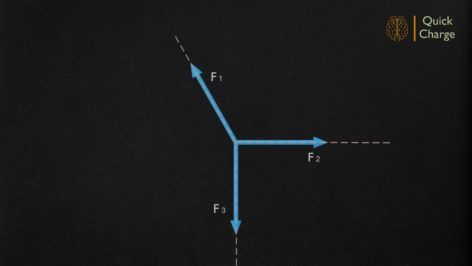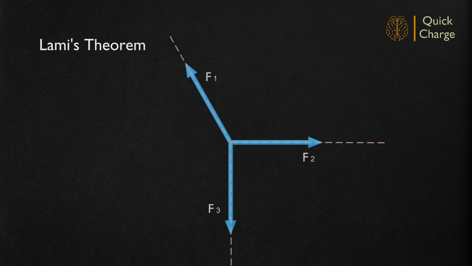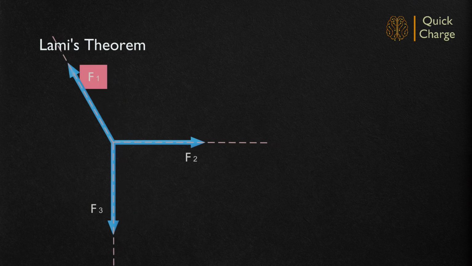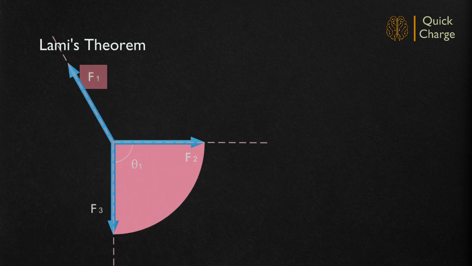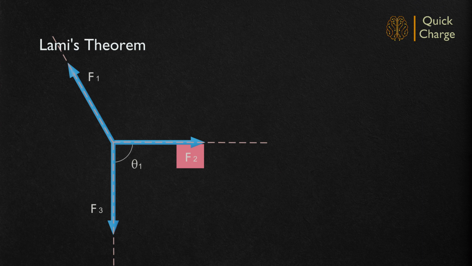However, for a special case of equilibrium condition of coplanar concurrent forces involving only three forces, Lami's theorem can also be utilized. As per Lami's theorem, each force is proportional to the sine of the angle between the other two.